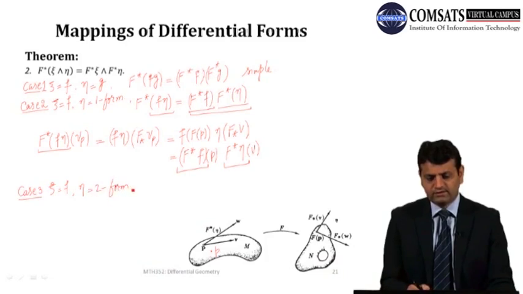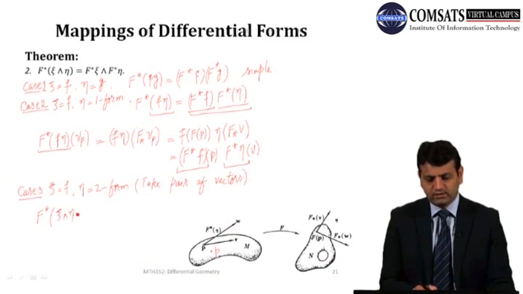Then we have to prove the same thing for a pair of vectors. So take a pair of vectors. So let v and w be a pair of vectors. Then calculate f upper star xi wedge eta.